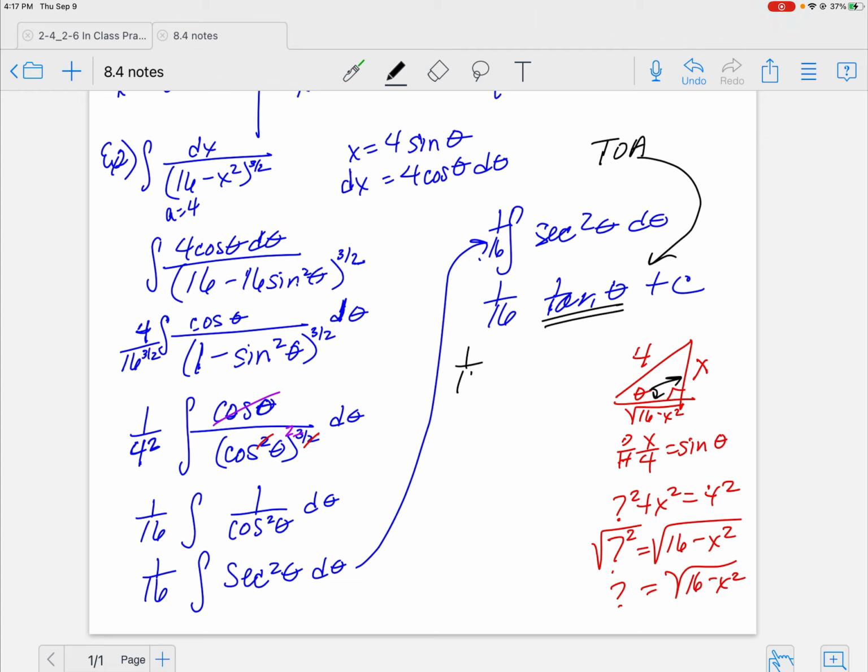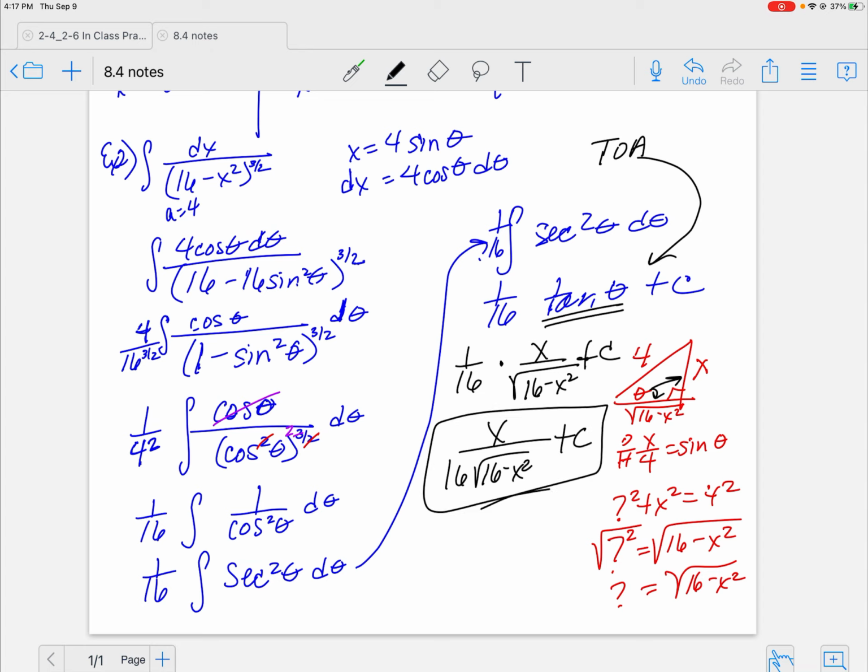So I have 1/16 times my opposite, which is x, over my adjacent, which is the square root of 16 minus x squared, plus c. So you could put those together. You can leave it out. I don't care if you put x over 16 square roots of 16 minus x squared plus c. That's good.